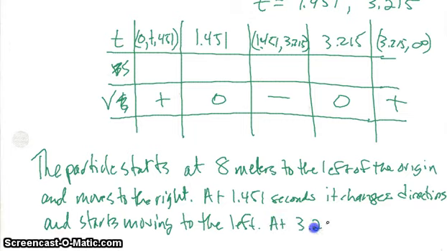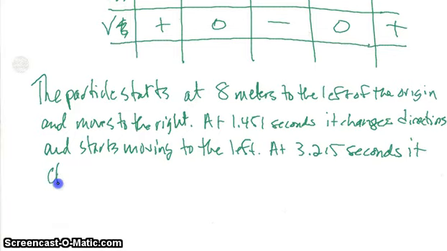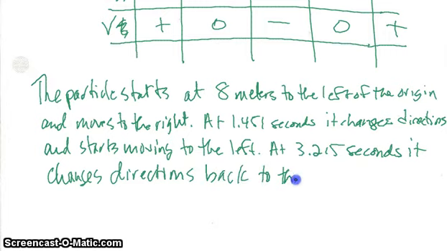At 3.215 seconds, it changes directions again back to the right. And it continues until we end. All right, so let's keep that in mind. Keep in mind if you need to use a sign chart that it can be helpful.